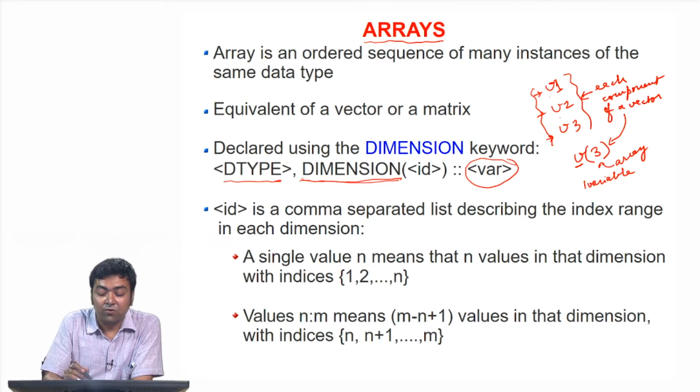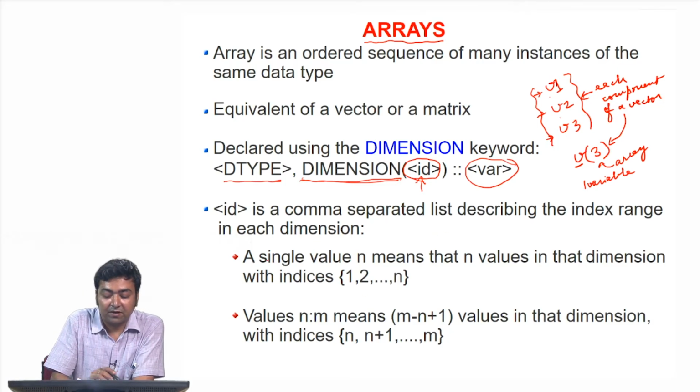One thing to note is that the dimension is basically a comma separated list describing the index range in each dimension.